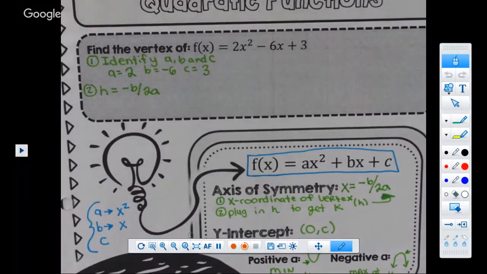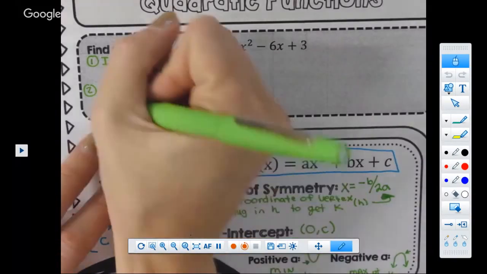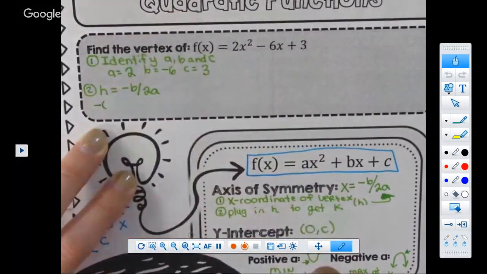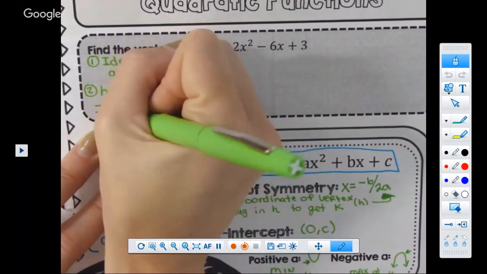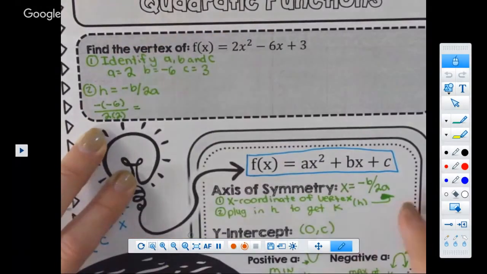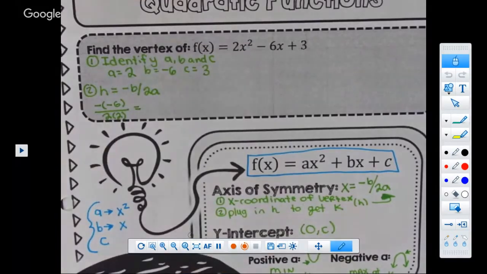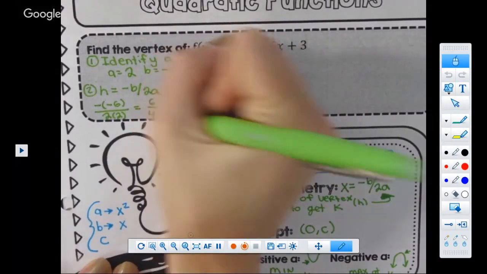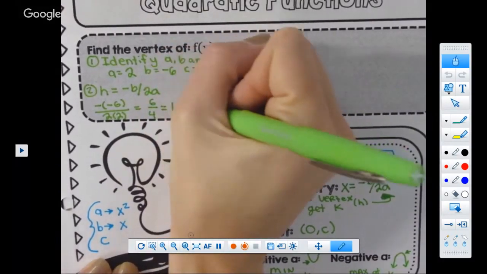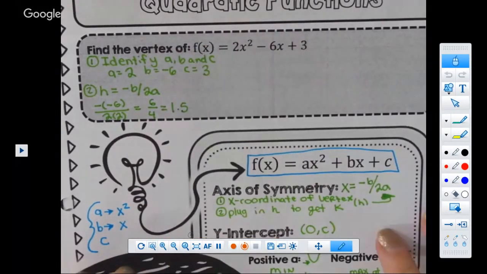I'm going to show this step, even though I know some of y'all could probably do this in your head. Negative of -6 over 2 times 2. That double negative becomes a positive. So we have 6 divided by 4, which is 1.5.